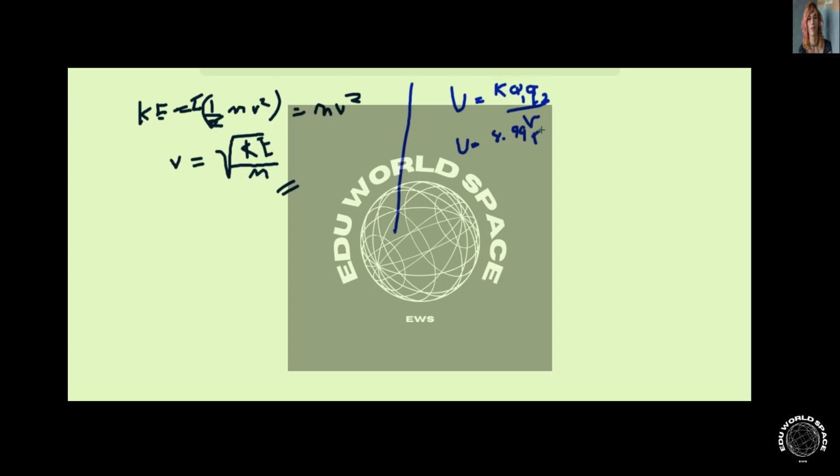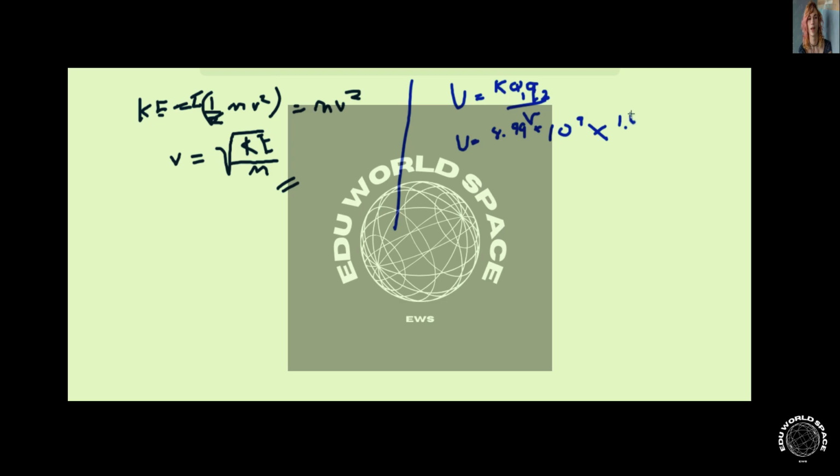times 10 to the power of 9 times 1.6 times 10 to the negative 19, which is the first proton's charge, times 1.6 times 10 to the negative 19, which is the same as the other proton.